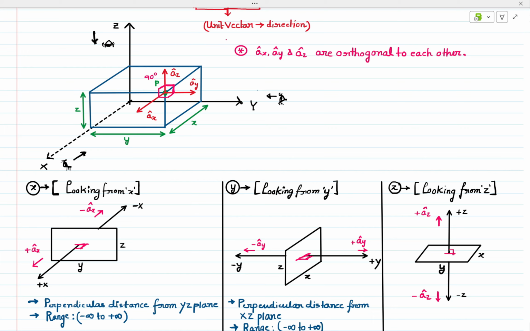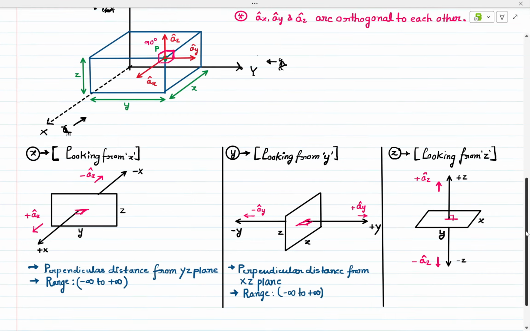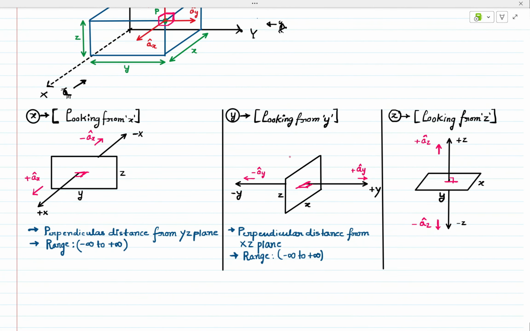As it is perpendicular above the XY plane, just like the minus X to plus X line and the minus Y to plus Y line, the minus Z to plus Z line is also perpendicular above the XY plane.